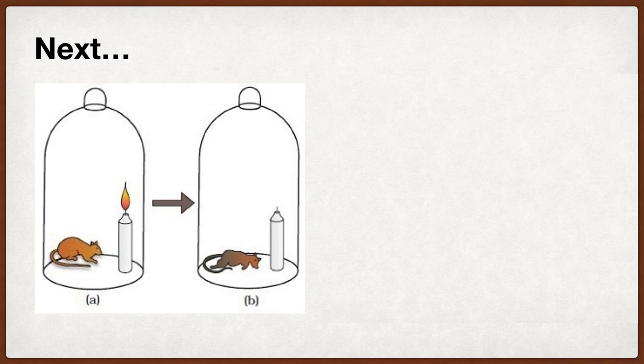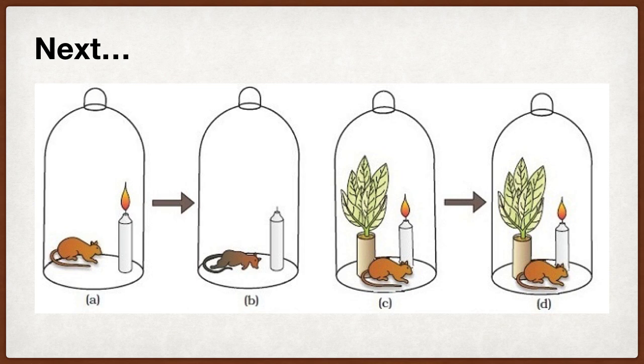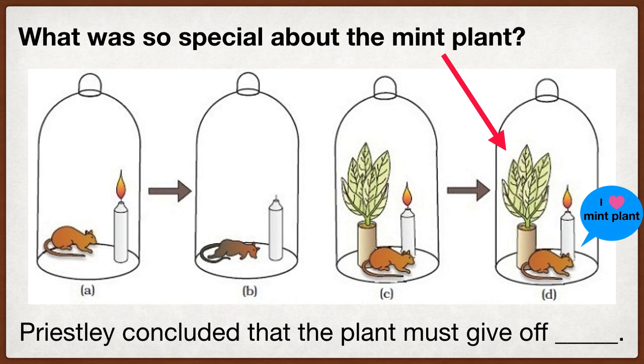So in this case, he tried again with a new mouse, had the mouse, lit the candle, put a mint plant there, and covered them all with a bell jar. Now this time, what do you think happened? So right, in this case, luckily, this little mouse got to survive, the candle stayed lit, and something was observed about the mint plant.